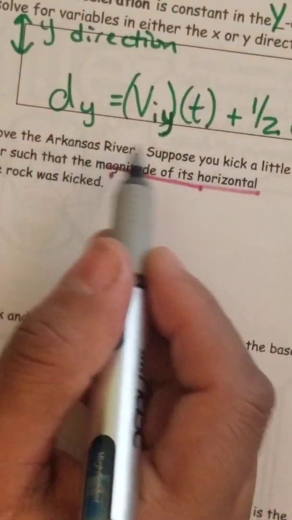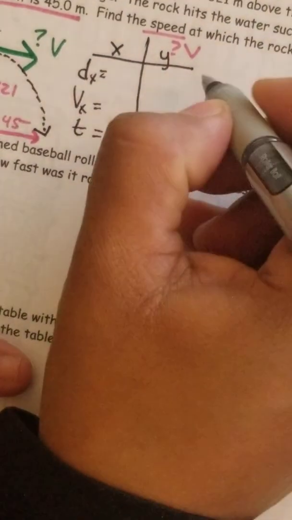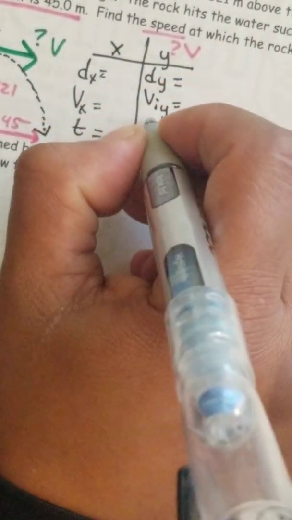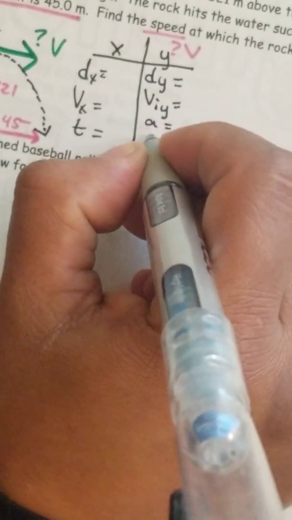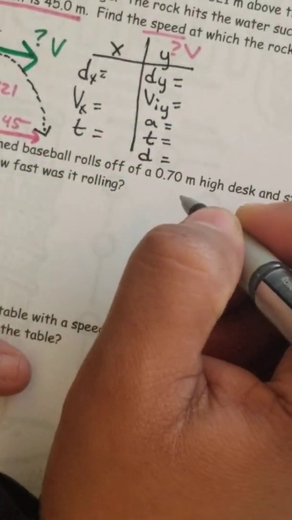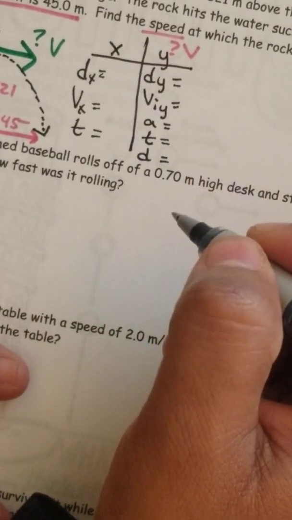Here they are. It's going to be d sub y, v sub i y, a, t, and d. Those same 5 variables that we've been using in kinematics, let's write them down. They're going to be helpful.